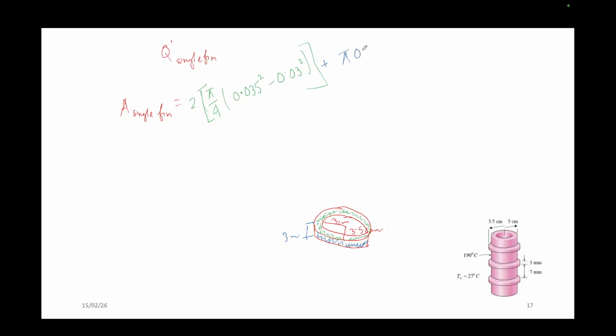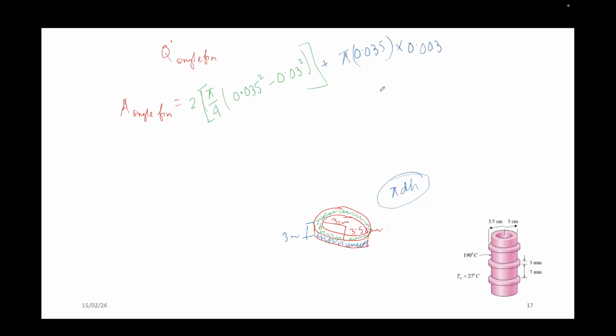diameter is 0.035 into 0.003. Okay, is it clear? Pi d into h, pi d h.